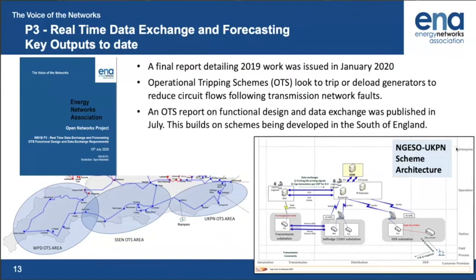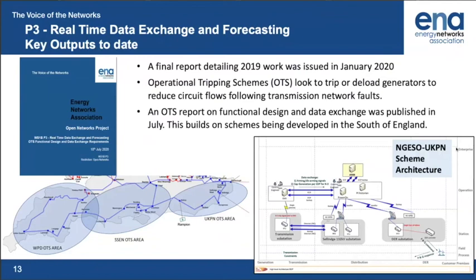And in the case of SSEN, they're building the operational tripping functionality into the Southwest Active Network Management Scheme that they're developing and installing at the moment. So there's a lot of change to how the distribution management systems work.